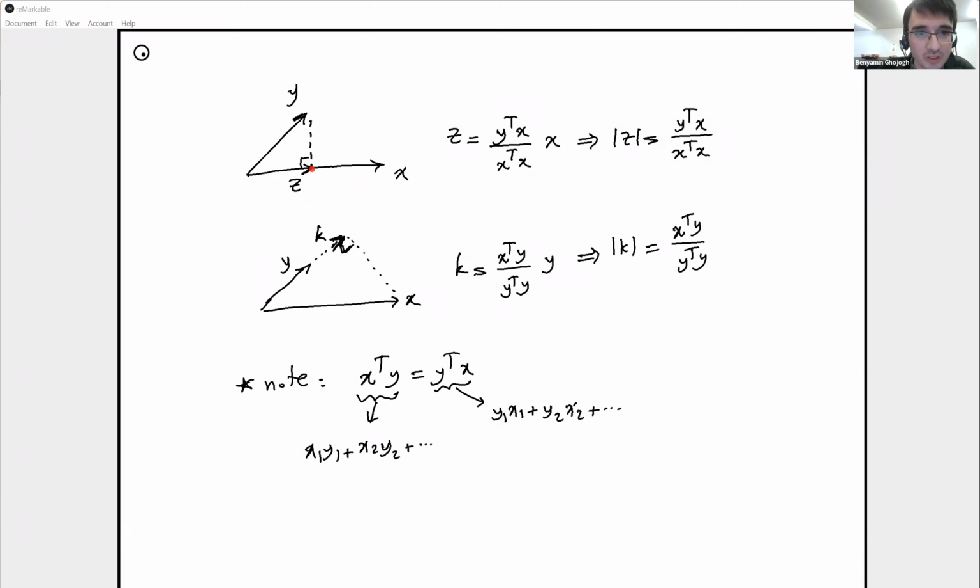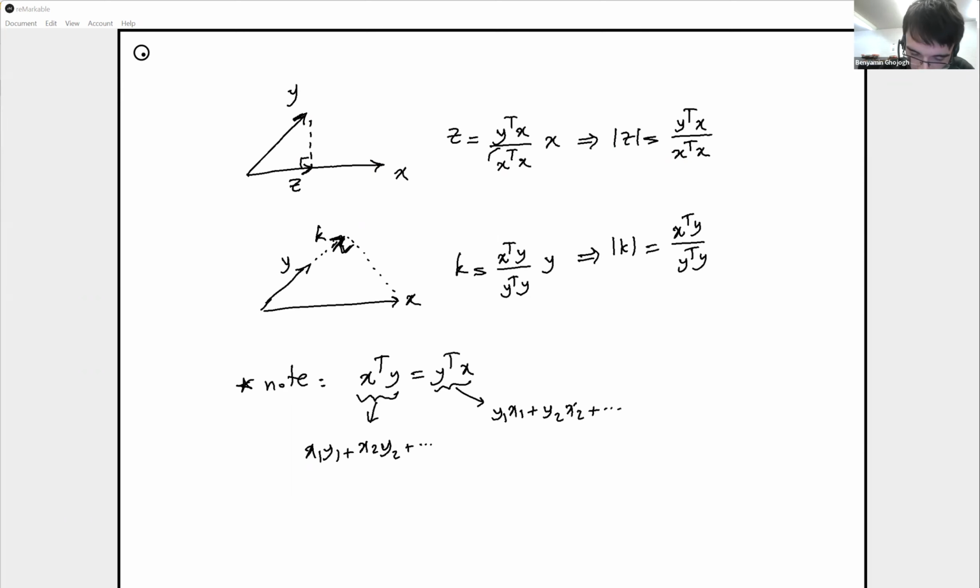This is the projection because it's perpendicular, and this z can be represented as y transpose x over x transpose x times x. So the length of this projection is y transpose x over x transpose x.